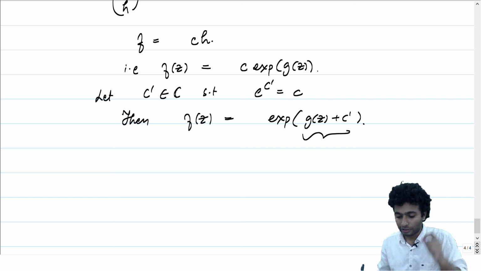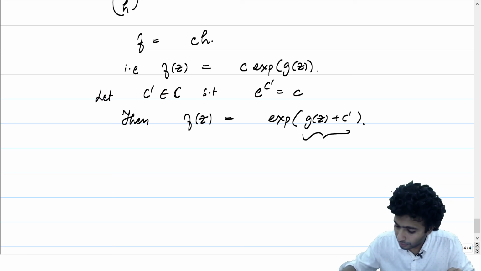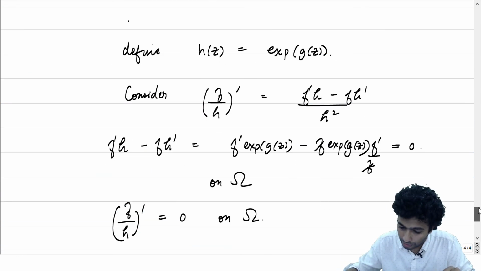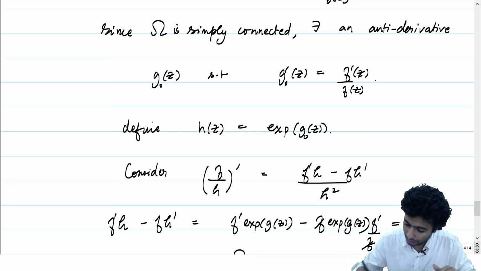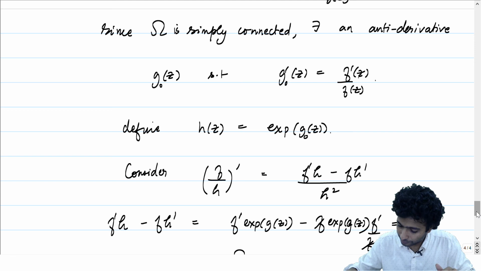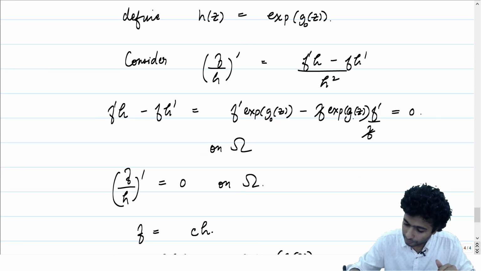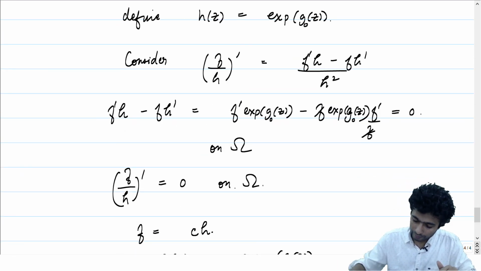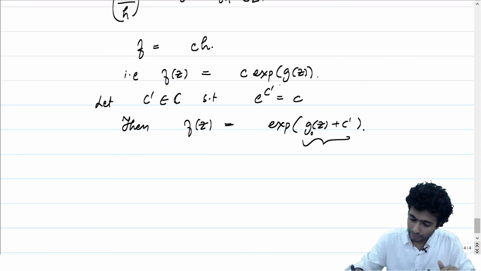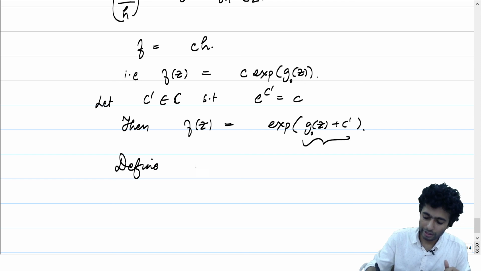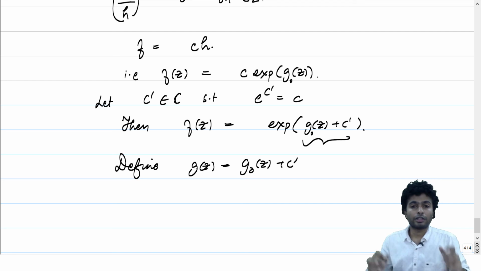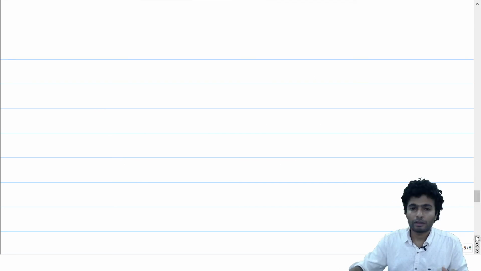Let me call the function above g0, just change the notation above as well. Let g0 be this function. So define g of z to be equal to g0 of z plus c prime, and that's the function we were looking for. Let me stop here.